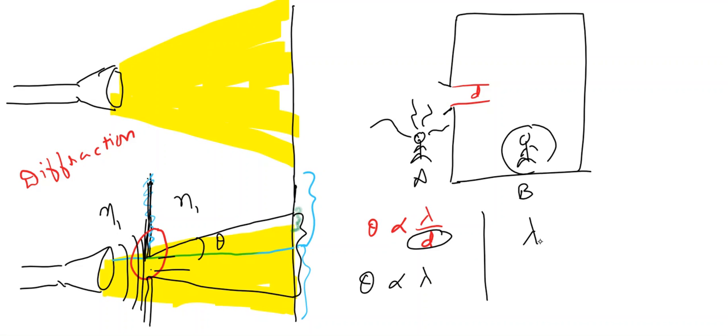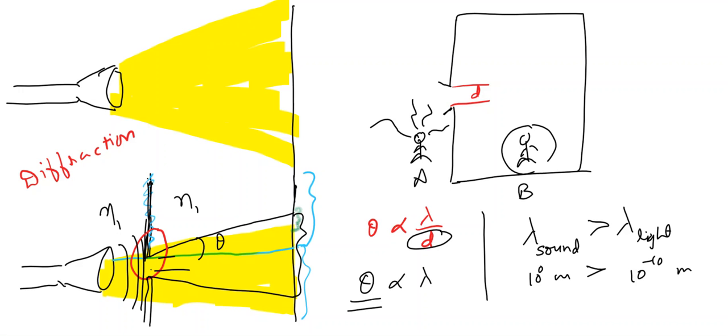Now lambda of sound, which is in terms of meters, about 10 raised to 0 meter, a few meters, is very much greater than lambda of light, which is in terms of angstrom, 10 raised to minus 10 meter. So there is a vast difference between the two lambdas, and hence the bending of the sound wave is much higher than the bending of light waves. Because of that, B can listen to A, but B cannot see A.